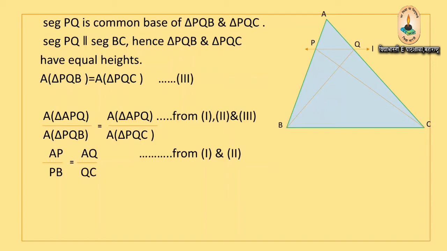Then from 1 and 2, substituting the value of the ratios, area of triangle APQ upon area of triangle PQB is AP upon PB is equal to AQ upon QC. In this way, we prove the basic proportionality theorem.